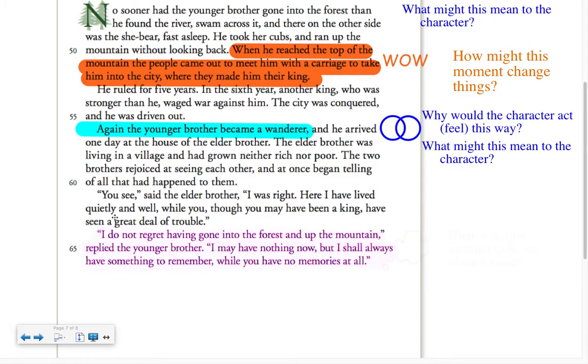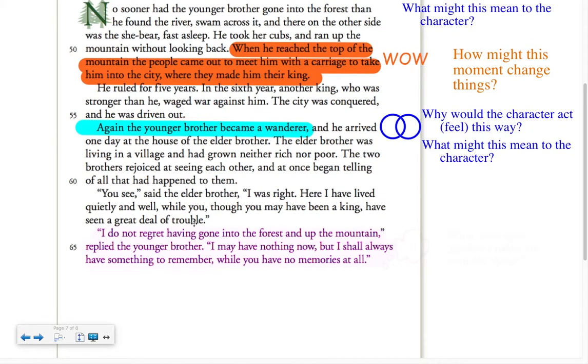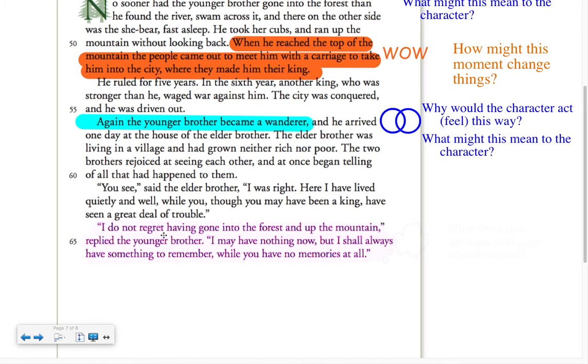Here I lived quietly and well, while you, though you may have been a king, have seen a great deal of trouble." "I do not regret having gone into the forest and up the mountain," replied the younger brother. "I may have nothing now, but I shall always have something to remember, while you have no memories at all."